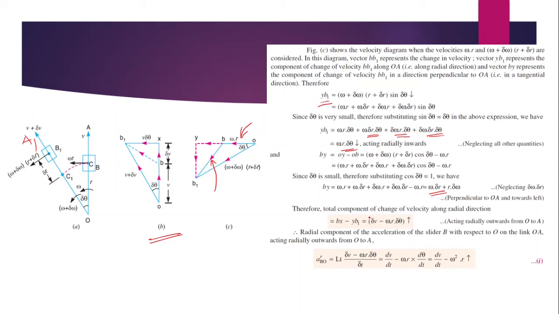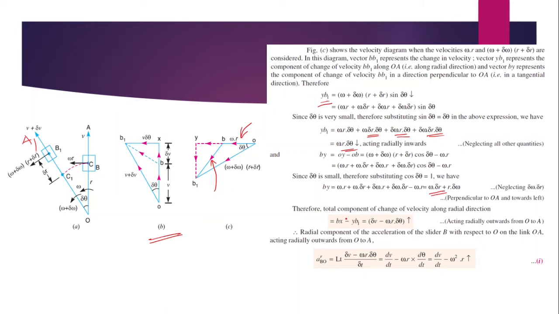Therefore, the total component of change of velocity along the radial direction is equal to this component BX and this component YB1. Here BX is in the outward direction, and YB1 is in the inward direction.